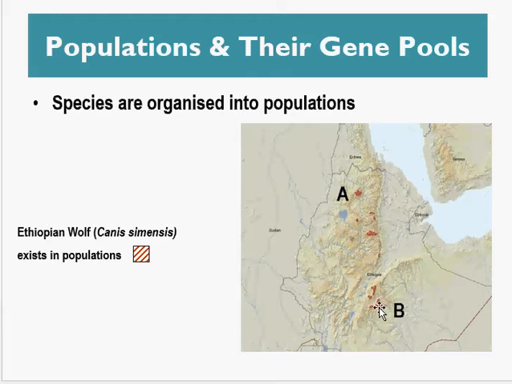But because they're separated quite often by these valleys, the genes don't often travel between one population and the next, so they tend to be relatively separated. The genetic material in one population tends to stay in that population, unless you get one individual wolf migrating across the valleys in between and transferring genetic material from one population to the other.